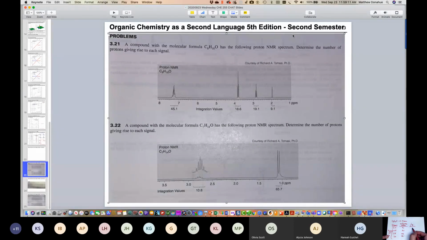9.1 divided by 9.1 is 1. And again, we need integers here. So 19.1 divided by 9.1, we're just going to say it's 2. 18.6 divided by 9.1 is 2. What's 45.1 divided by 9.1?